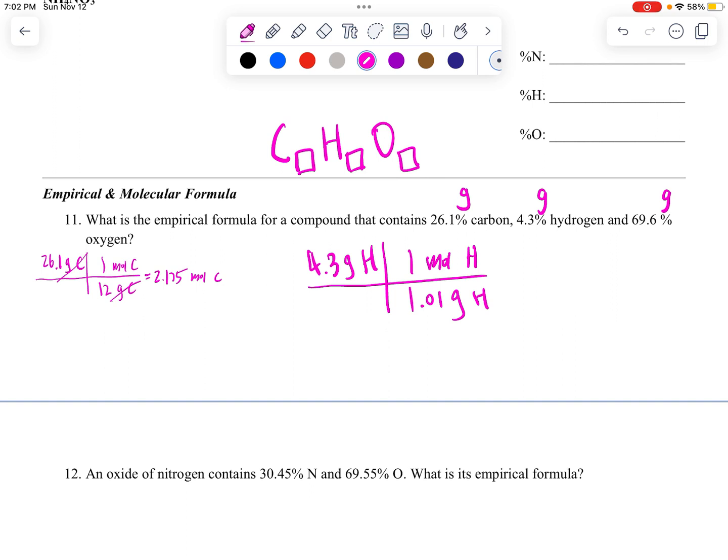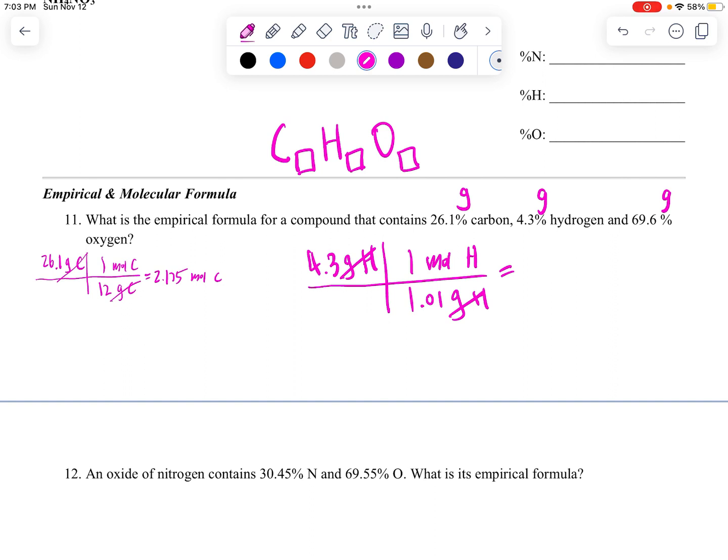So I'm just using the molar mass written on my periodic table, which is probably the one that you are using as well. So the grams of hydrogen are going away, and I'm going to do 4.3 divided by 1.01.